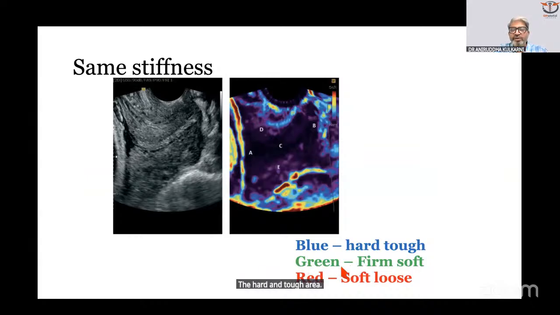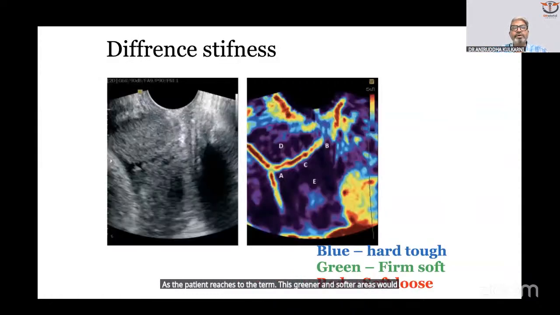The green denotes the firm and softer area. The red denotes softer and loose areas. More or less, we are more interested in the green and red areas because as the patient reaches term, these greener and softer areas would increase, and that's what we are going to monitor.